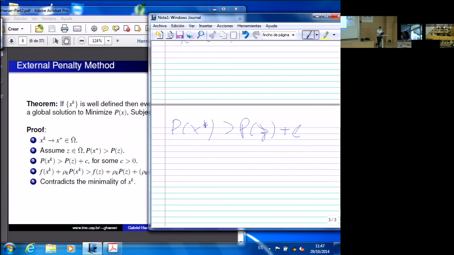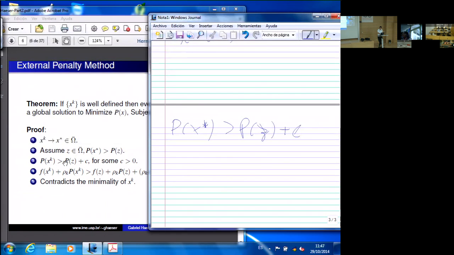Since xk is converging to x star, p of xk is converging to p of x star, since we assume that this is a continuous function. So we must have this inequality here, 3.